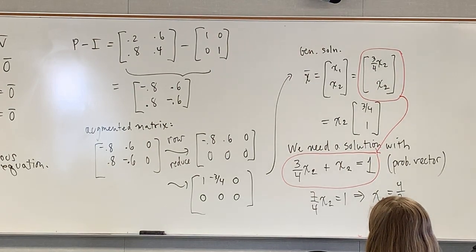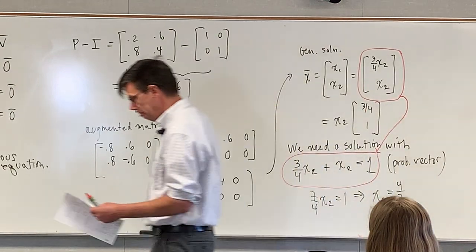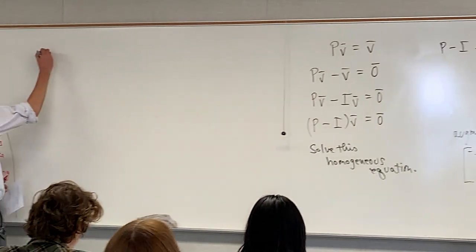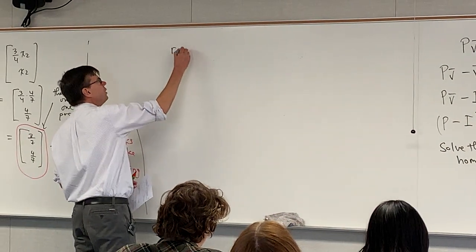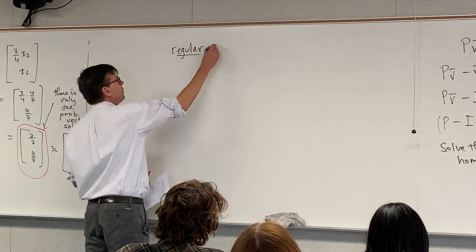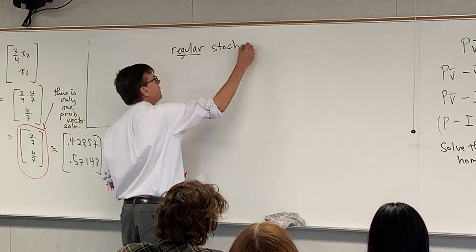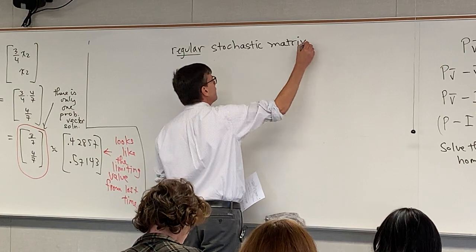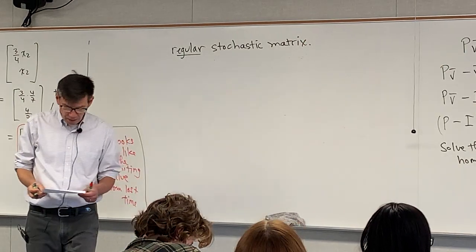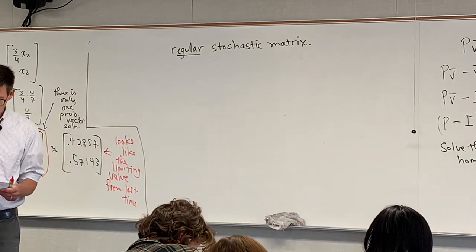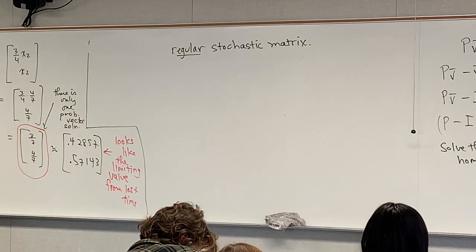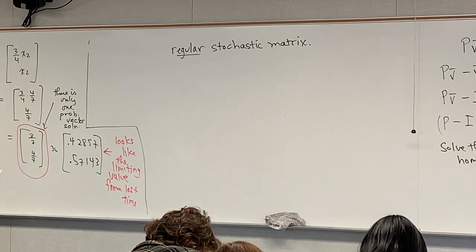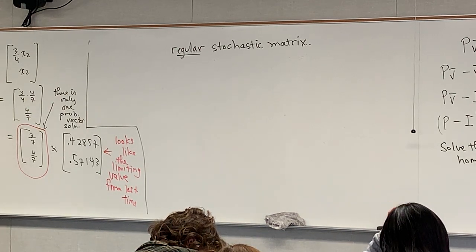So there's a little bit more on that handout. And we're only going to talk about this. There are no problems that deal with this, but I just want to mention it. There's something called a regular stochastic matrix. A regular stochastic matrix has all positive entries in p to the k power for some power k of p.